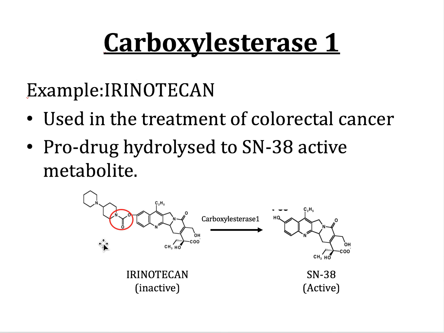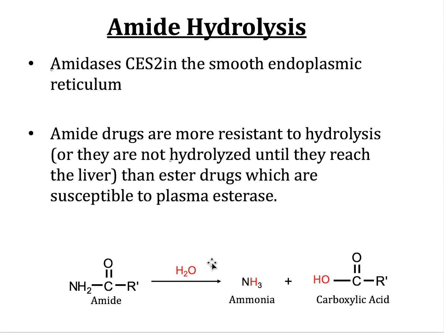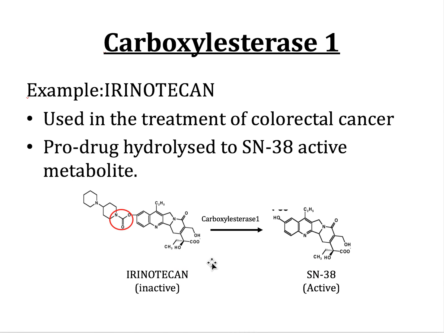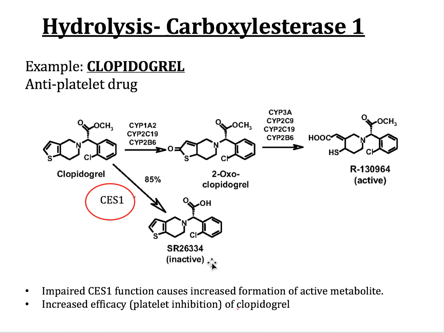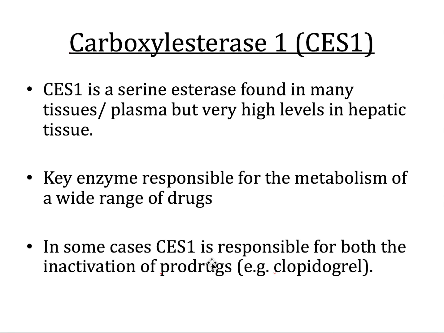So SN-38 is the active form, and this is done by the hydrolysis of carboxylesterase. So it breaks down the ester bond you can see here. Amide is usually done by CES2. So things you need to keep in mind: irinotecan, which is used in colorectal cancer, and clopidogrel, right?